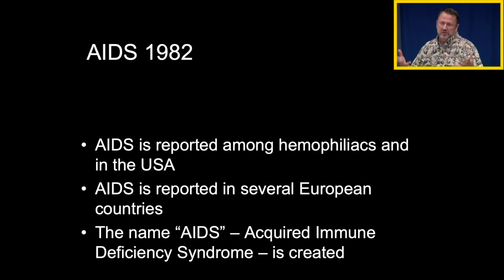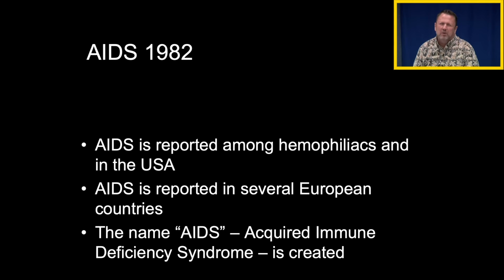Anytime we have a new disease to deal with, we'll see all sorts of acrimony until we finally get a handle on it and realize the correct direction to go. Well, by 1982, we start realizing that there are more people developing AIDS than just gay men and IV drug users.